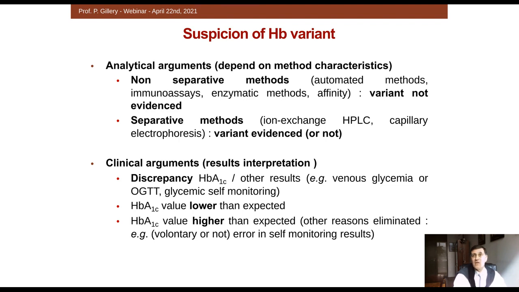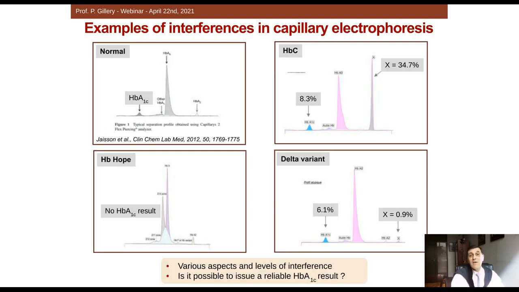And a major argument is a discrepancy between HbA1c values and other results. HbA1c value can be lower than expected, but also can be higher than expected. Of course, other reasons of discrepancy must be eliminated, for example, errors in self-monitoring results.